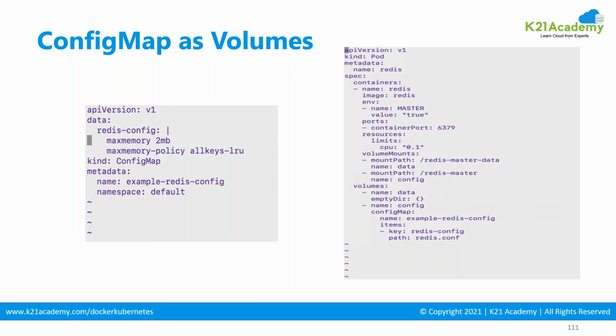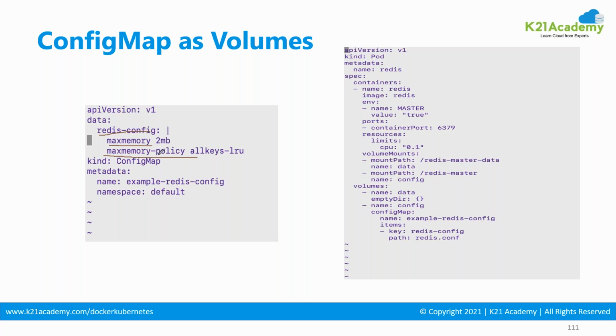And you can also use a config map as a volume, right? Now you can see that if you want to use a config map as a volume, how you can use it. Look at this, another way we have declared this config map. Let's say this is my config map called Redis config, and inside that we have used these two parameters, max memory and max memory policy.